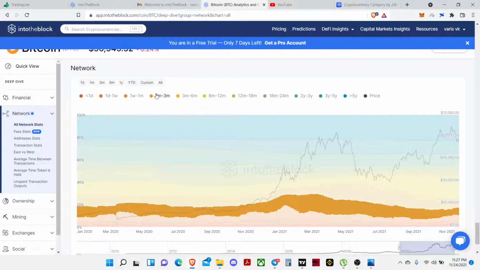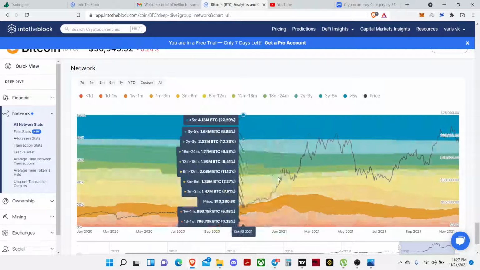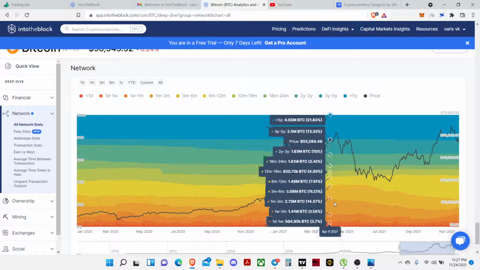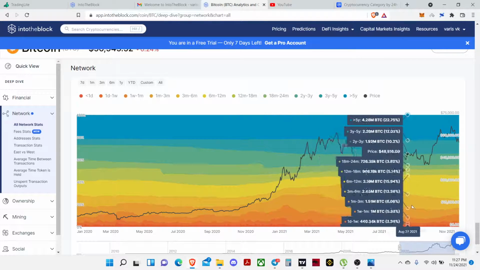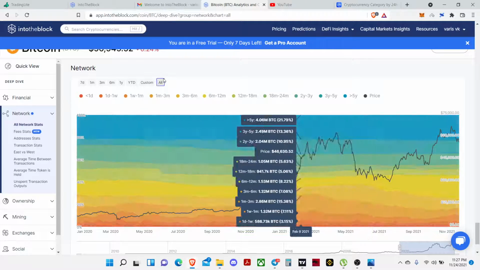So the best performing would be the 1 month to 3 months. These are the swing trading whales that I could see because these people have a lot of activity which is resembling the price action in many ways.